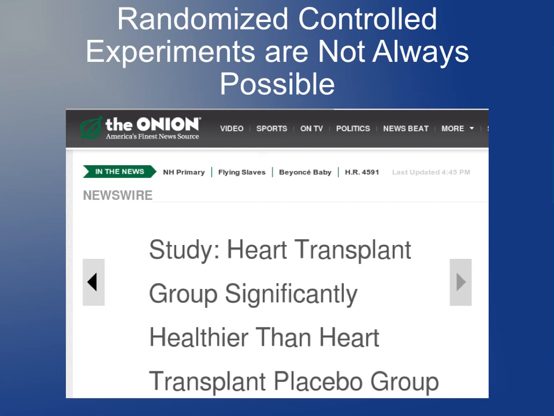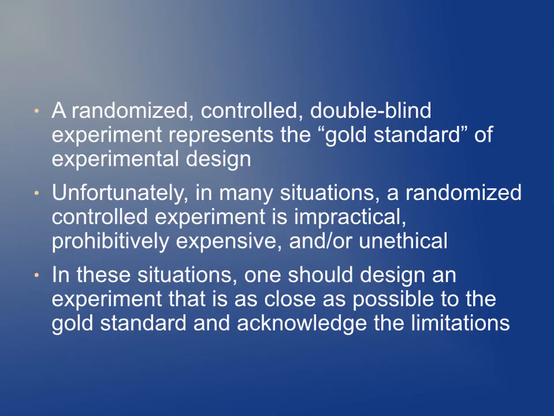So basically, at the point where placebo heart surgery is unethical, all you can do is some type of observational trial in this case. As I said, a randomized controlled double-blind experiment is the gold standard of experimental design. Anytime you can do this design, you should do this design.